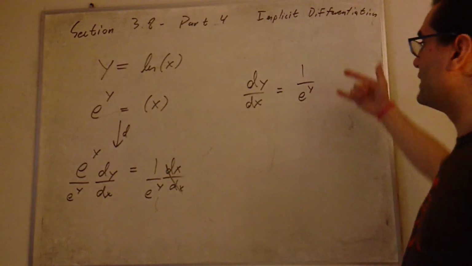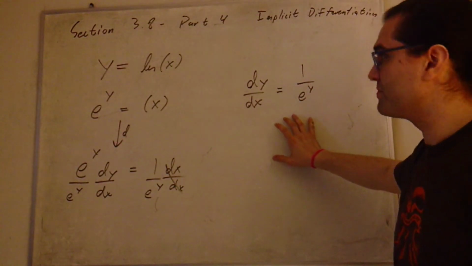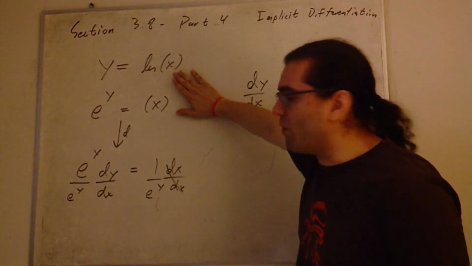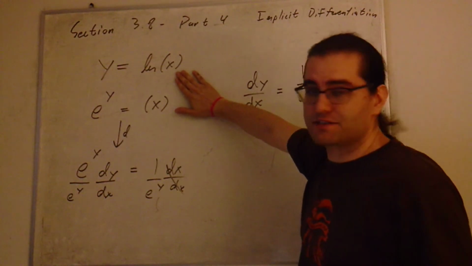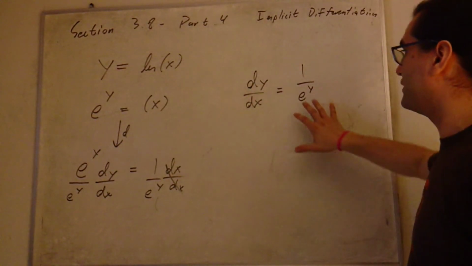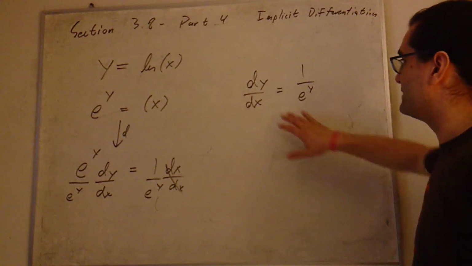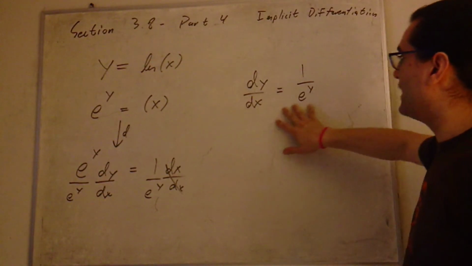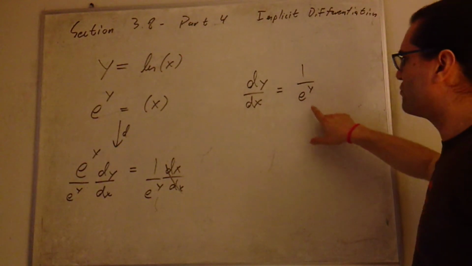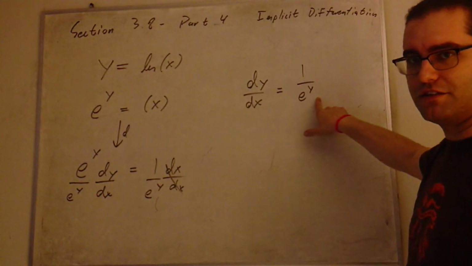Which is true and it's nice, but it's also got a bit of a problem. When we started this, we had an explicit function, y equals the natural log of x. It would be nice if, when we got a derivative, that derivative was also explicit. That is, we had derivative of y equals some function of x's. We don't really want any y's to be on the right-hand side of this equation.